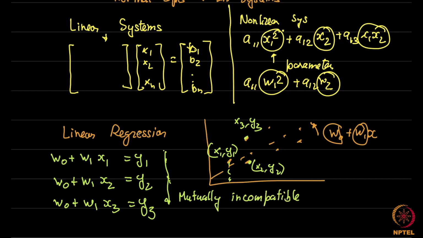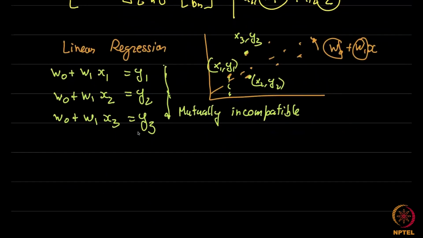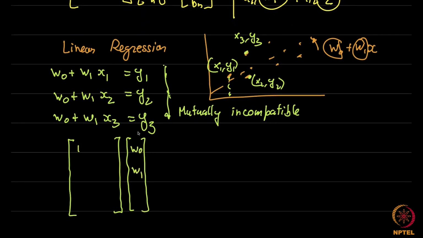Now, there's a beautiful argument through linear algebra where you can show that you can think of this as solving an overdetermined system. Here you have only two unknowns, W0 and W1, and then you have one x1, one x2, up till one xm. You have only two variables, so n equal to 2, but you have m equations, and m is much greater than n.